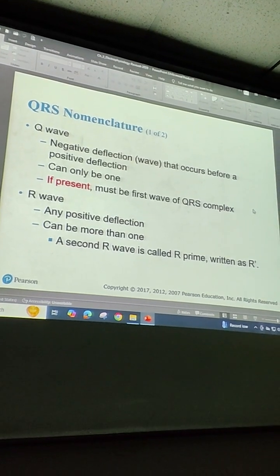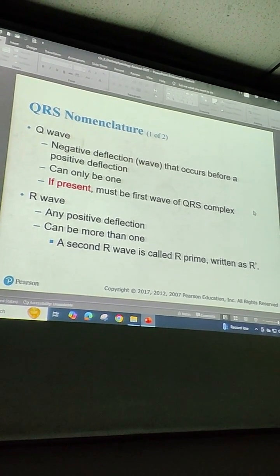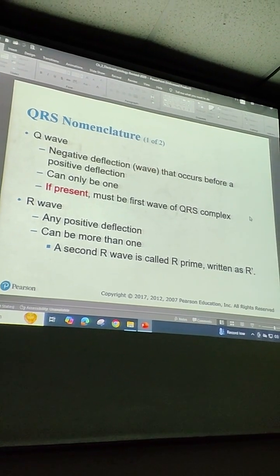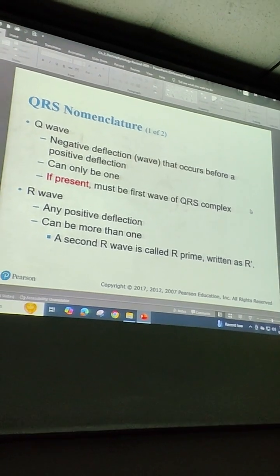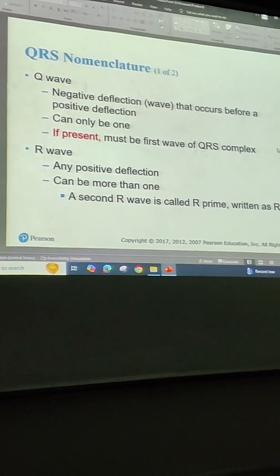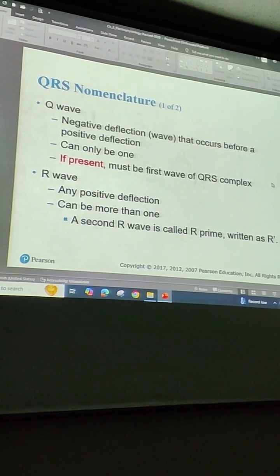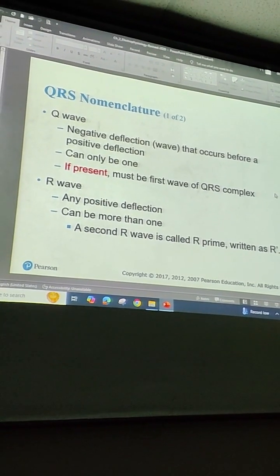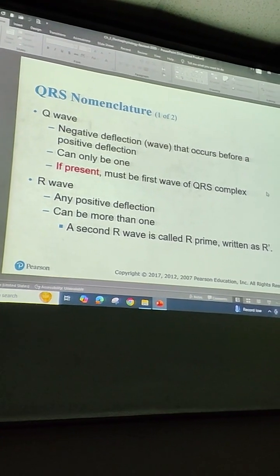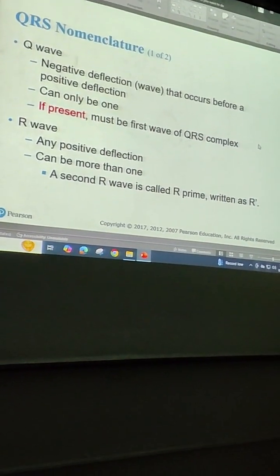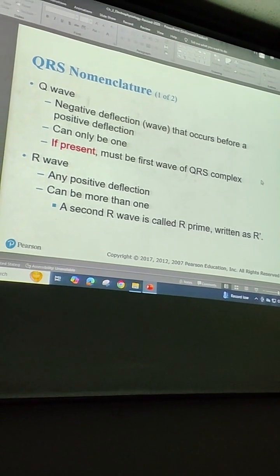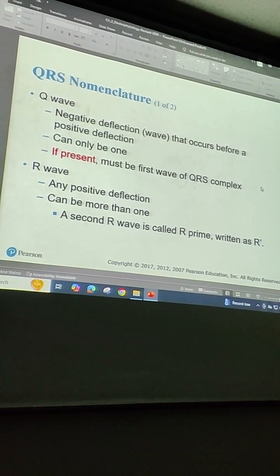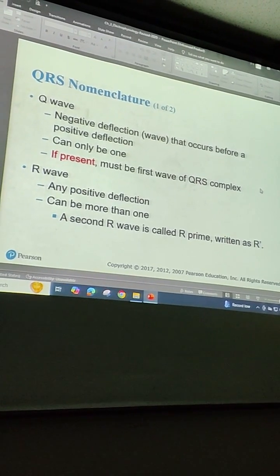It's not okay either. We have to be balanced. Not too much, not less than normal. We always have ranges of what's considered normal. So a Q that is too long, later on we're going to see what is too long, too deep. But if you don't see it, that's fine. But if it appears on an EKG, it has to be negative. That is the way it works.